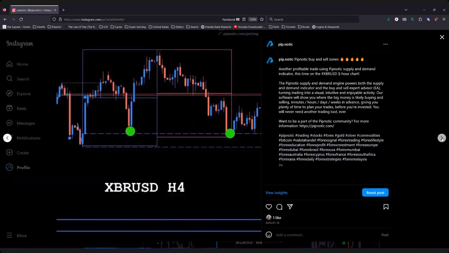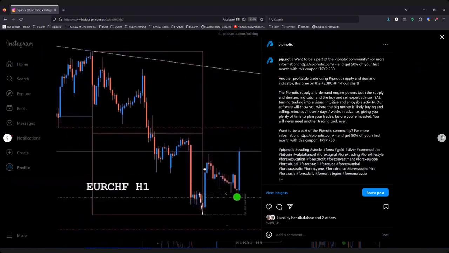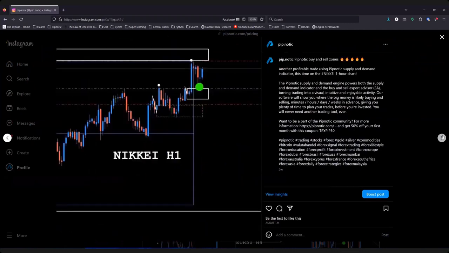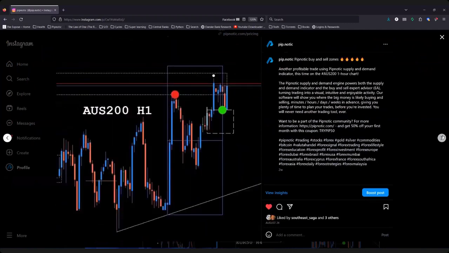Okay, as you can see, I'm just going to go through a few of these so that you can see what I mean here. You see, this was a different one, but notice as well that yes, this zone held, but price came down and we moved through it. And so the trade would actually be to buy here because we tested it already.